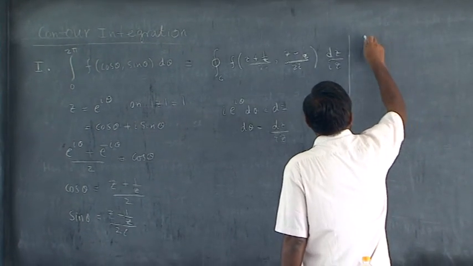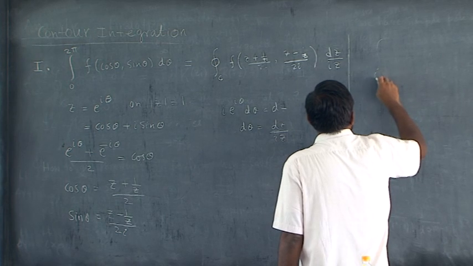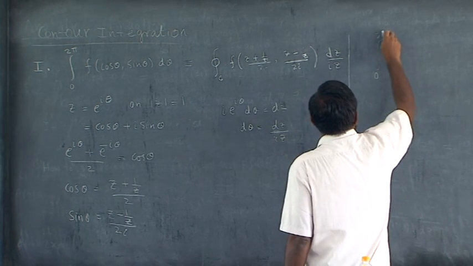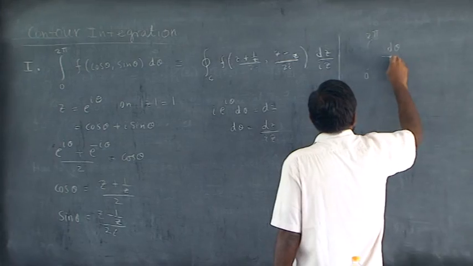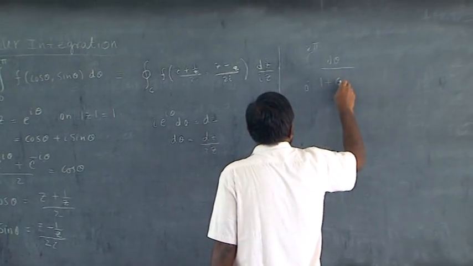Let's consider this example: integral 0 to 2 pi, d theta divided by 1 plus epsilon cos theta.